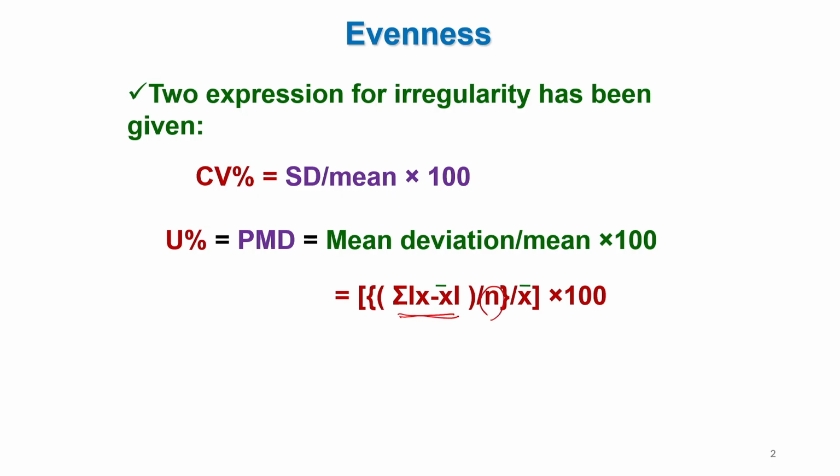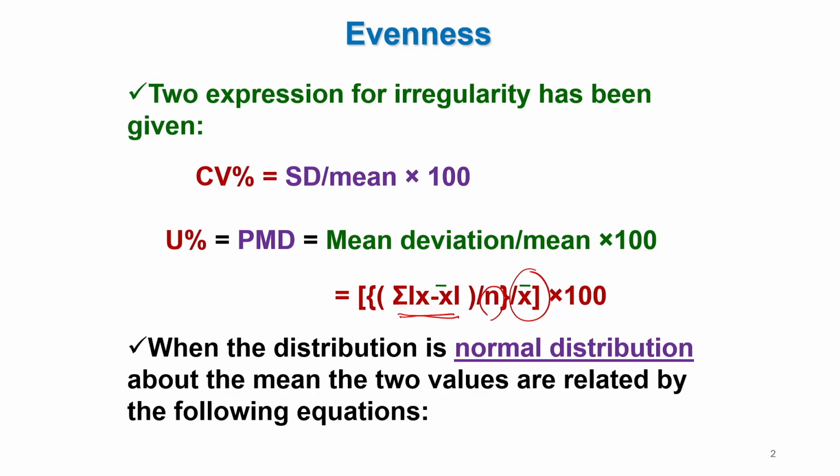This is the mean deviation, and we express it as a percentage of the mean value of mass per unit length. When the distribution is a normal distribution, the two values are related approximately: CV% equals 1.25 multiplied by U%. This is the approximate value.